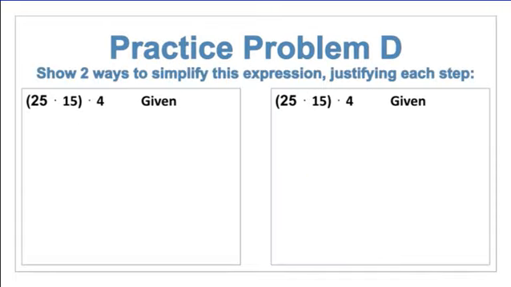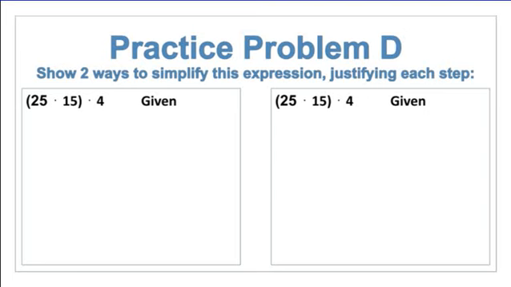So let's do one of these together. There's 2 ways you can simplify this. We're going to do the simpler way. So I know that 25 times 15, that's going to give me a really big number. And that's going to take me a while to figure that one out.